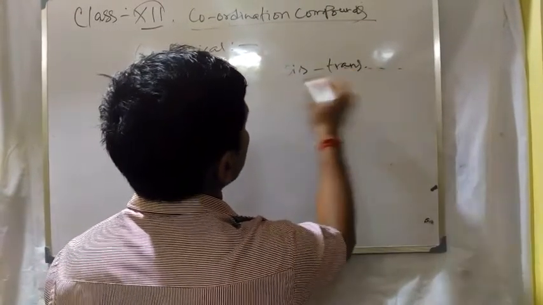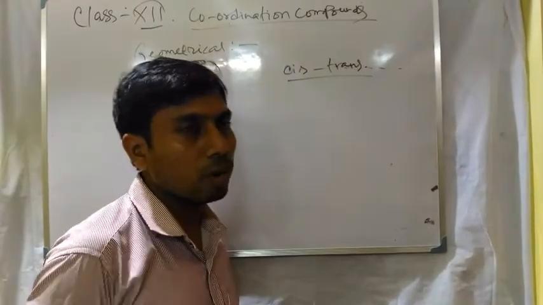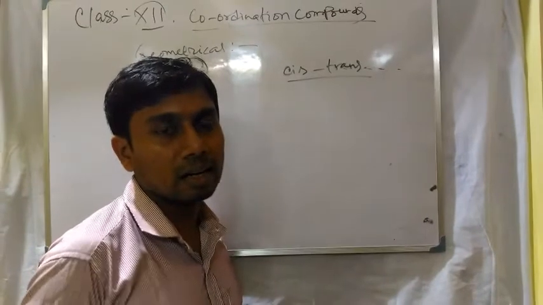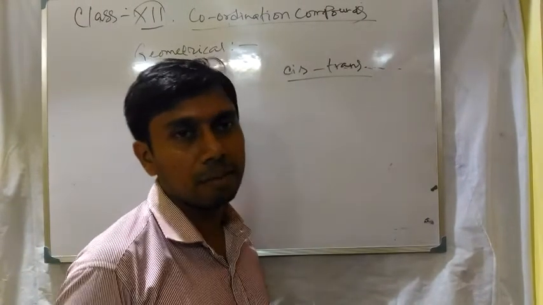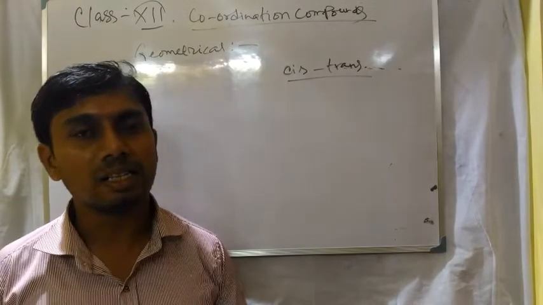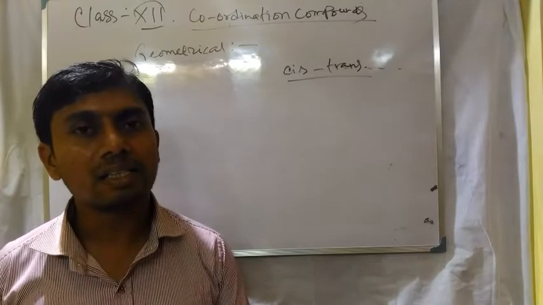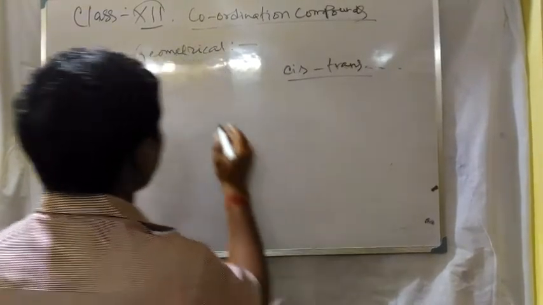Now what is cis, what is trans? When the same ligand is adjacent to each other, it is called a cis isomer. That is for a square planar complex.